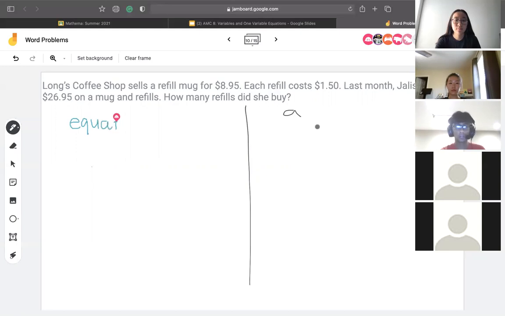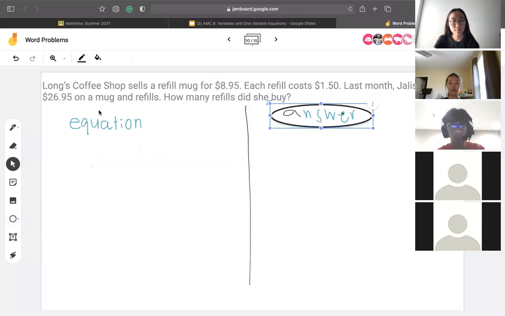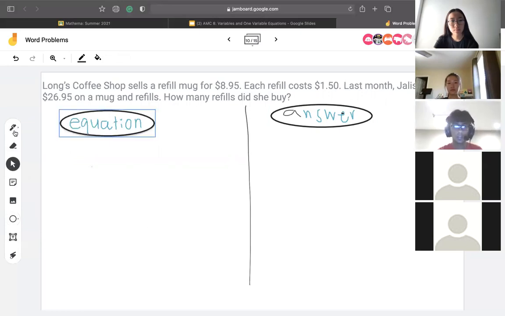On one side, write your equation, and on the other side, write the answer. Okay, I haven't seen anything so far.